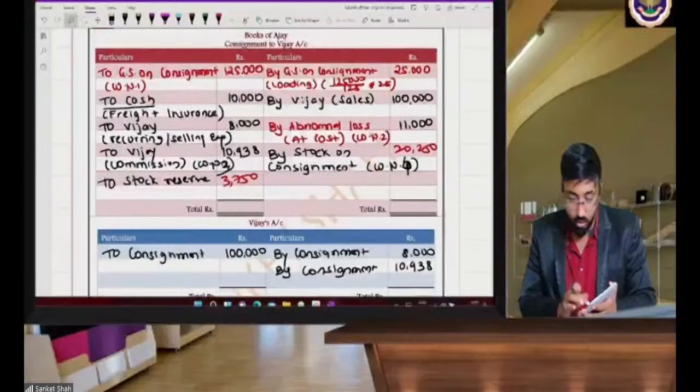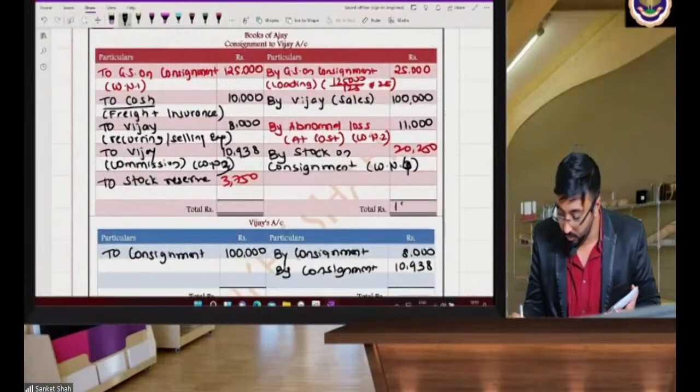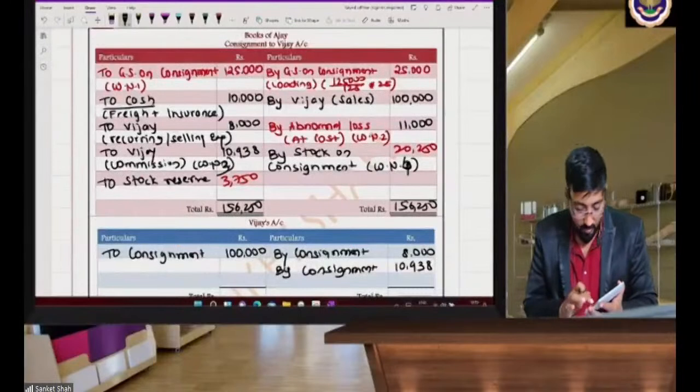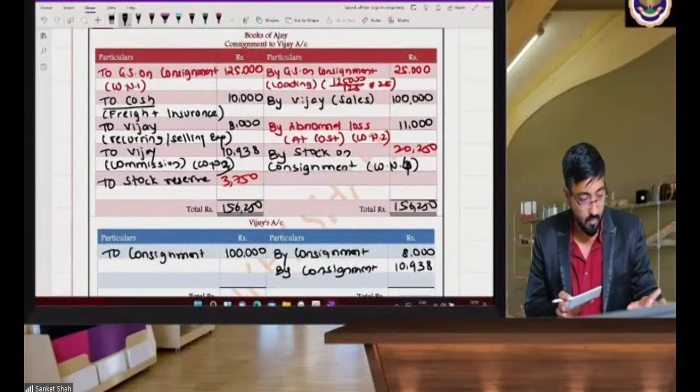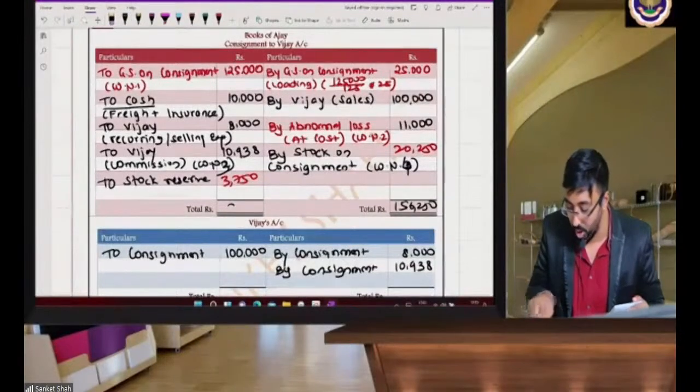Take total 25 plus 100 plus 11 plus 20.25, 156,250 minus 125 minus 10 minus 8 minus 10.93 minus 8 minus 3.75. Actually, I'm getting a loss. Sorry, it's a loss.